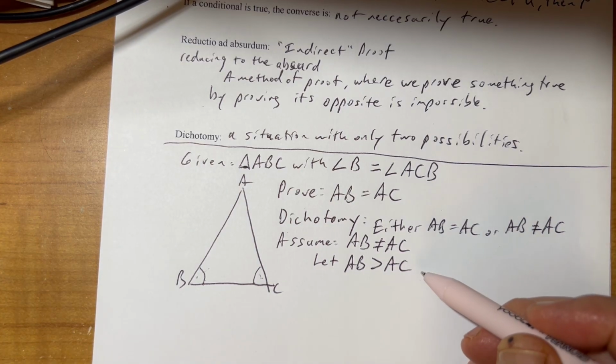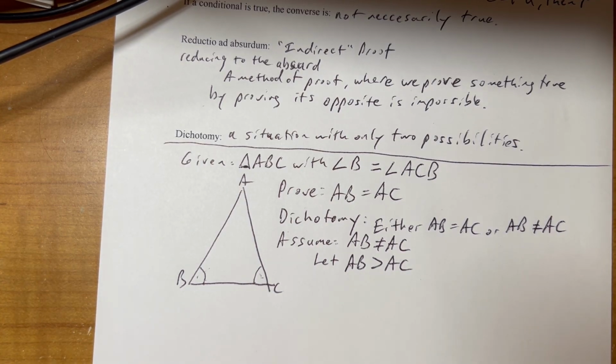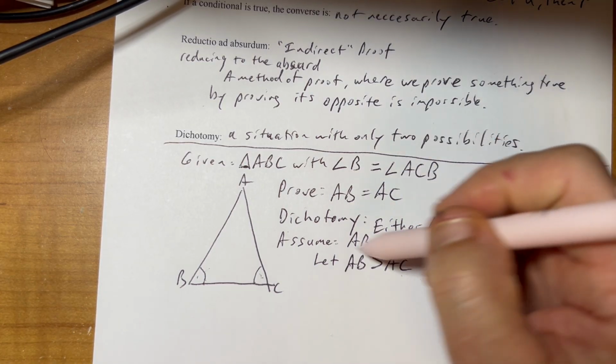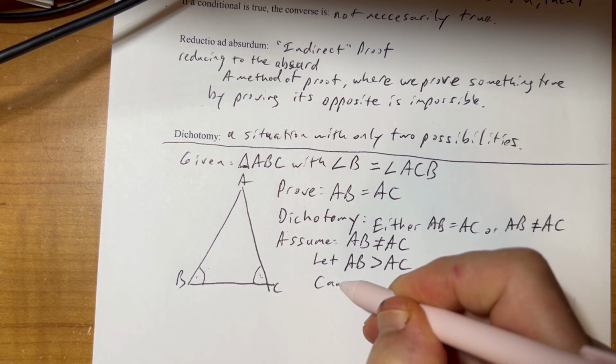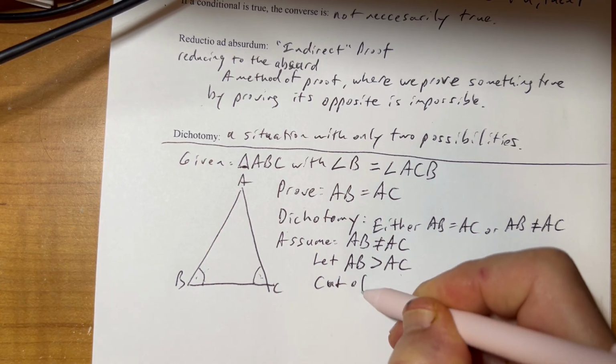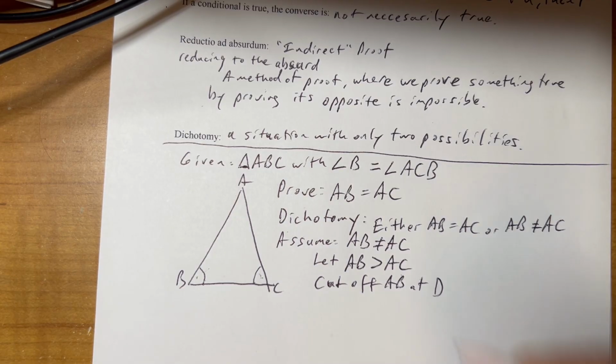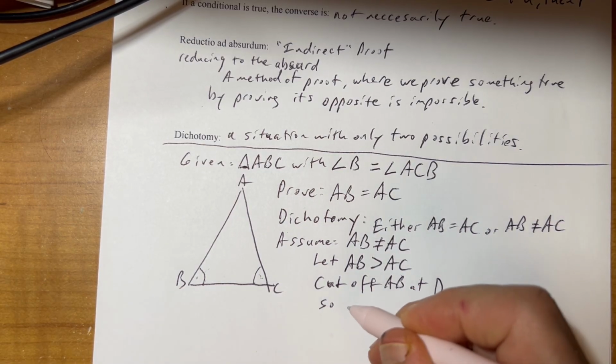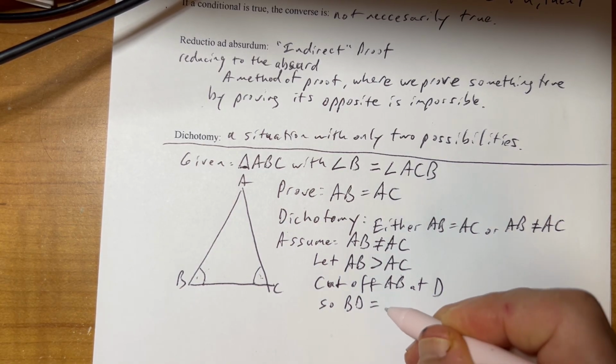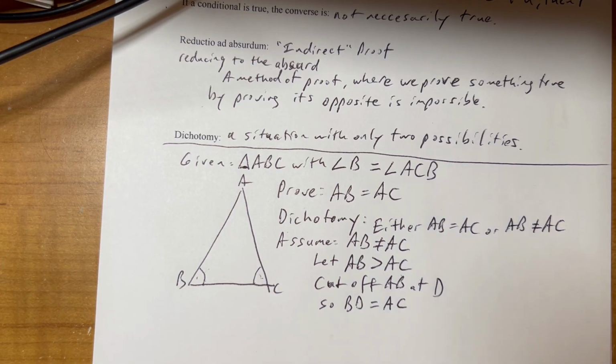Well, you know from theorem 3 that if one line is bigger than another, Euclid says we can cut off the longer one to make it equal to the shorter one. All right? And so that's exactly what we're going to do. We're going to cut off AB at, let's say, D, so that BD equals AC.